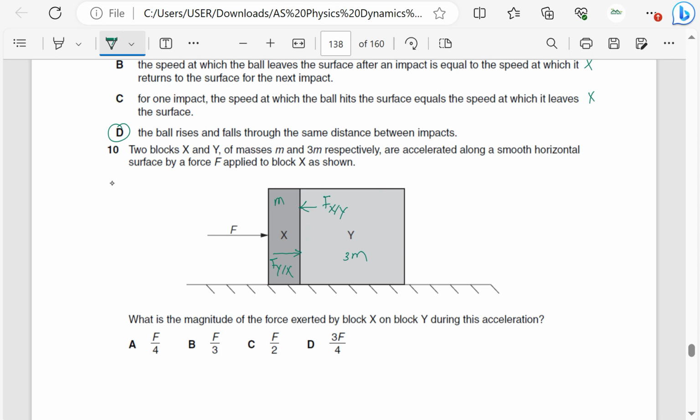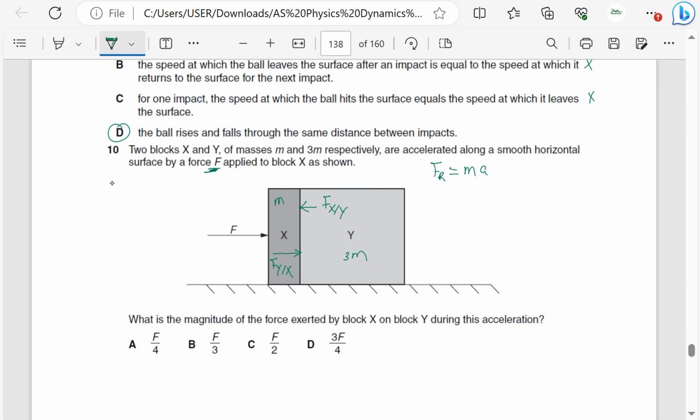Okay, then from Newton's laws, of course they have already taken away F from us, since the blocks are accelerated along a smooth horizontal surface by a force F. So F is the force which is pushing, so they have already taken it away. So I'll use F resultant. Fr means resultant force, which by Newton's second law is given by Ma.